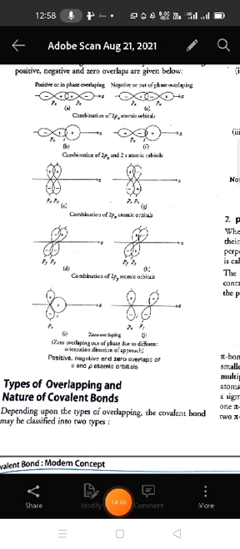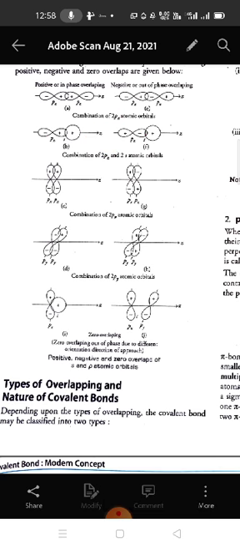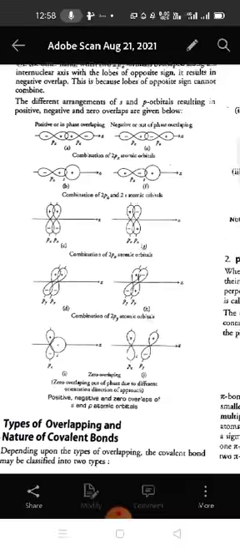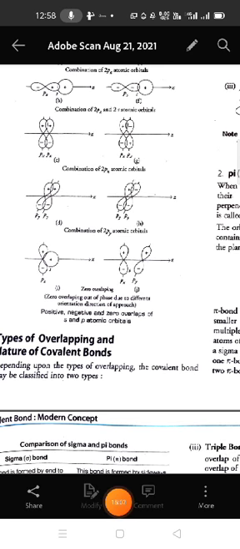If p orbital plus and s orbital plus overlap together, or pz negative and s orbital plus overlap together, this is also a possible combination.